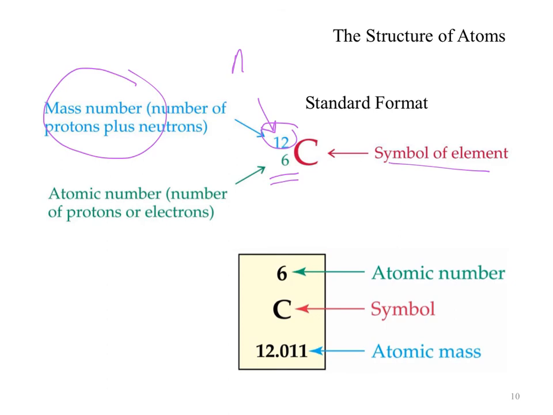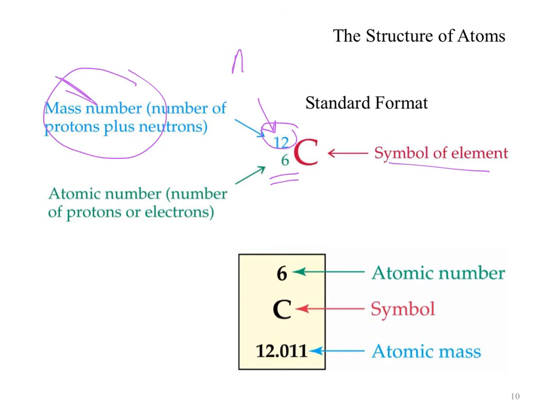Often we would find that the mass number and the atomic mass are very similar. In other words, the mass number is a rounded number that you get for atomic mass. So that's the closest relationship between the two. But this number is not atomic mass. It's a mass number, which is the number of protons plus the number of neutrons.